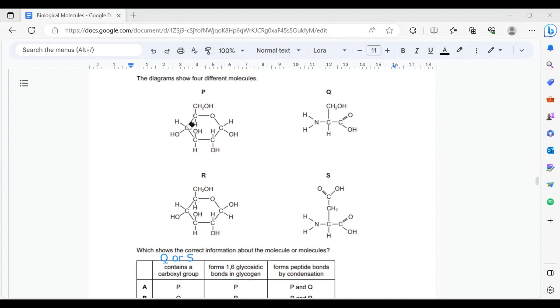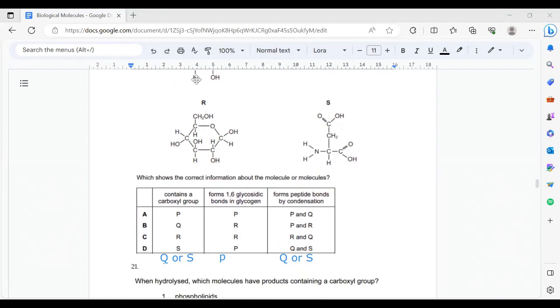And as I've mentioned earlier, P is the alpha glucose. So our option for this is P. And another is forms peptide bonds by condensation. Peptide bonds are present in proteins, and proteins are made from amino acids. So our possible answers for this are Q or S.